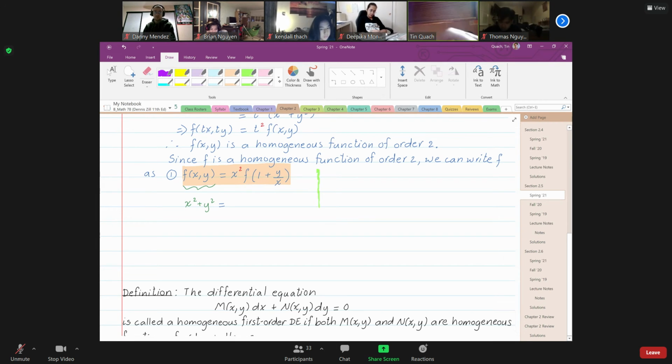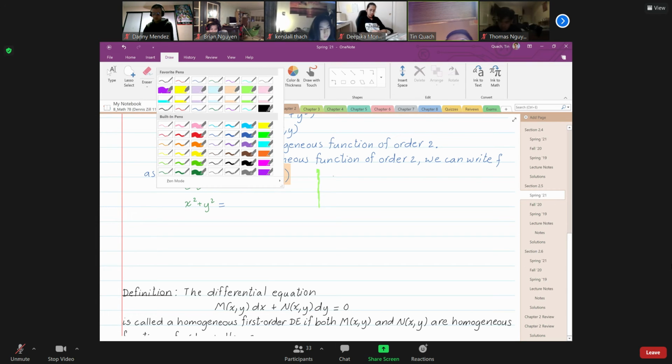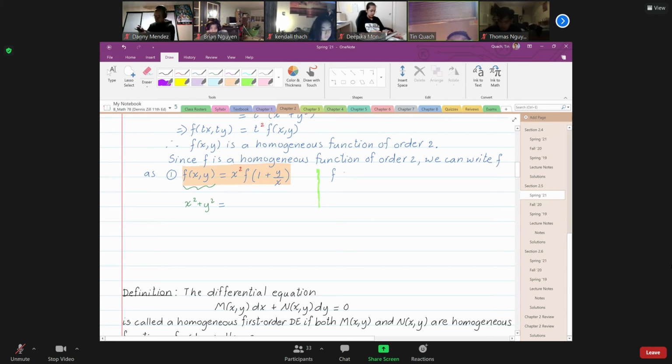Let's write f of x, y is equal to x squared plus y squared. So if you have f of 1, y over x, then you compare. So here's your function.